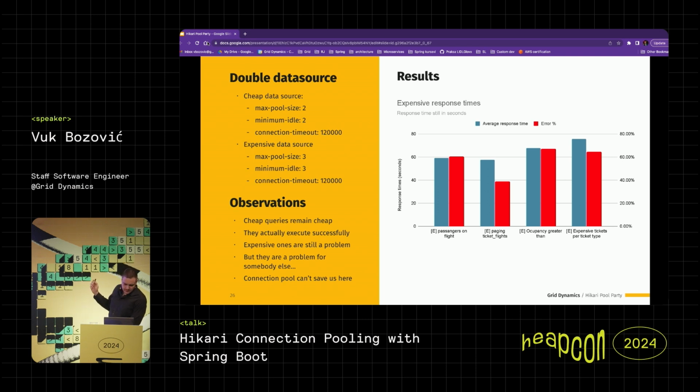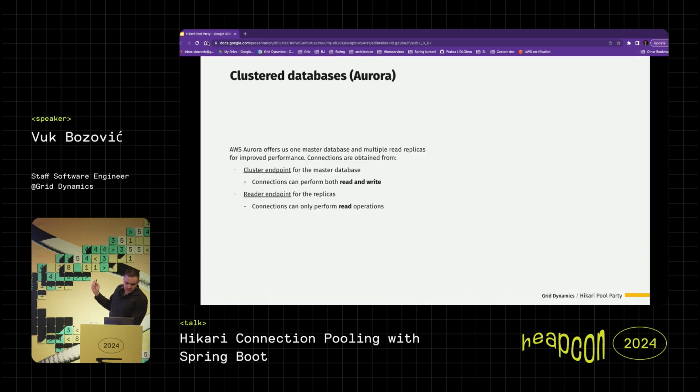Now, one more example that we will have is, for example, with cluster databases. So in AWS, you have the Aurora database, which essentially has one master replica, which is responsible for writing and reading.